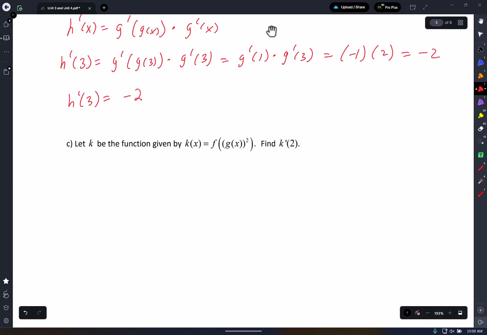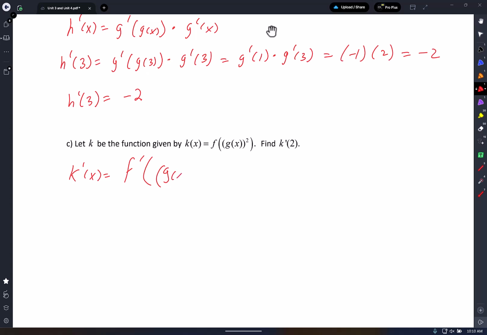All right. Let k be the function given by. So again, guys, it's just chain rule. K prime of x equals the derivative of the outside, f prime, leave the inside alone. What do you have? G of x squared. Close it. So remember, it's g of x that's being squared, times the derivative of the inside, 2 g of x to the power 1, leave that inside alone, times g prime of x.